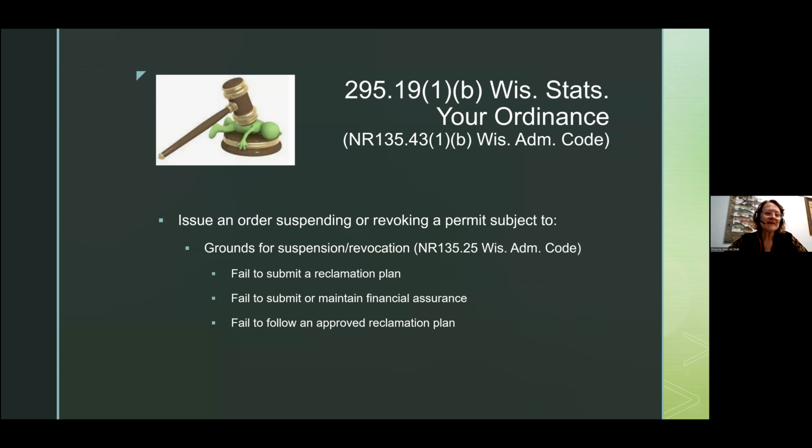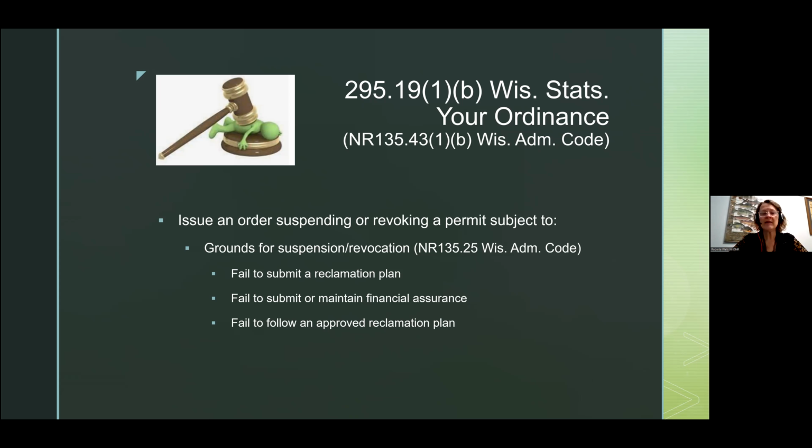Under the next subsection in the statute, 1B, you are also authorized to issue an order that suspends or revokes a permit. Now, that is subject to the grounds for that revocation and suspension, and those are found in the code. You should also have references to this in your ordinance as well.